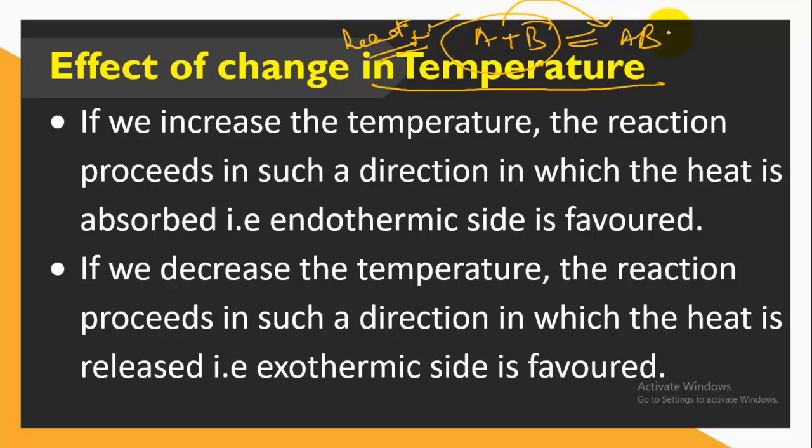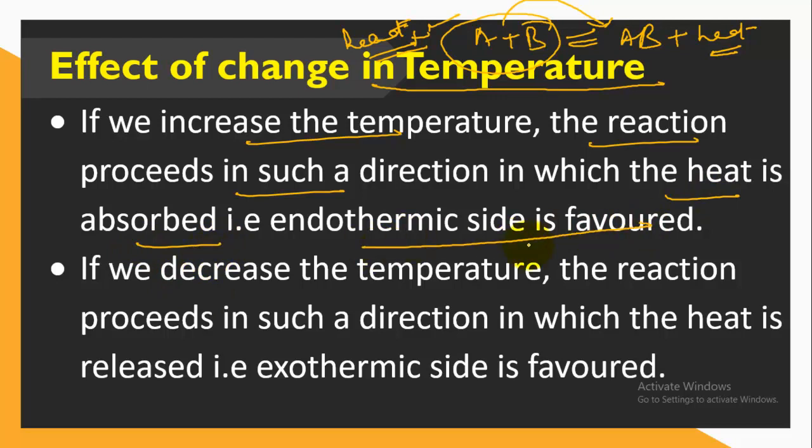Likewise, if heat is released in this case, then at any side where the temperature is being increased, the reaction will favor the side in which the temperature can be reduced. So if we increase the temperature, the reaction proceeds in such a direction that heat is absorbed, that is, the endothermic side is favored.